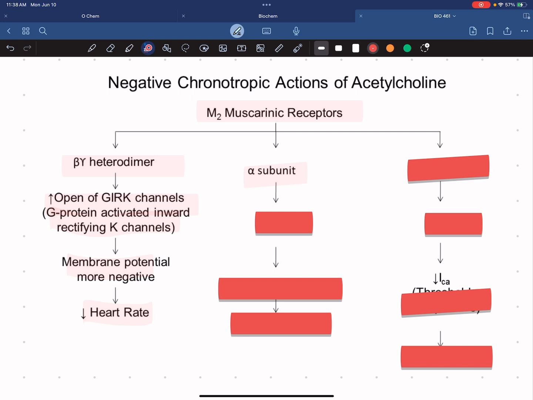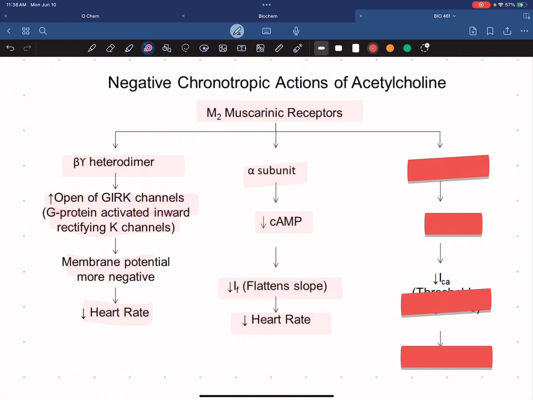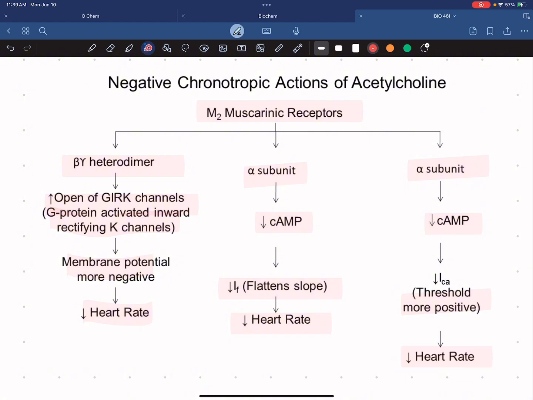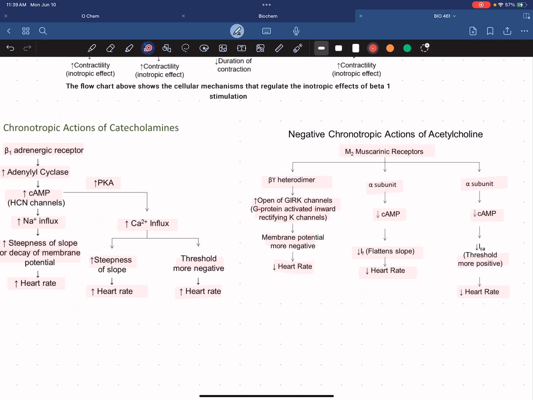Second, we have the stimulation of the alpha subunit from these M2 receptors, which will lead to a decrease in cAMP, so the slope will flatten because of the decrease in I_f, which will also cause a decrease in our heart rate. The stimulation of the alpha subunit can also cause a decrease in cAMP, which will lead to a decrease in I_Ca, which will cause the threshold to become more positive, leading also to a decreasing heart rate.